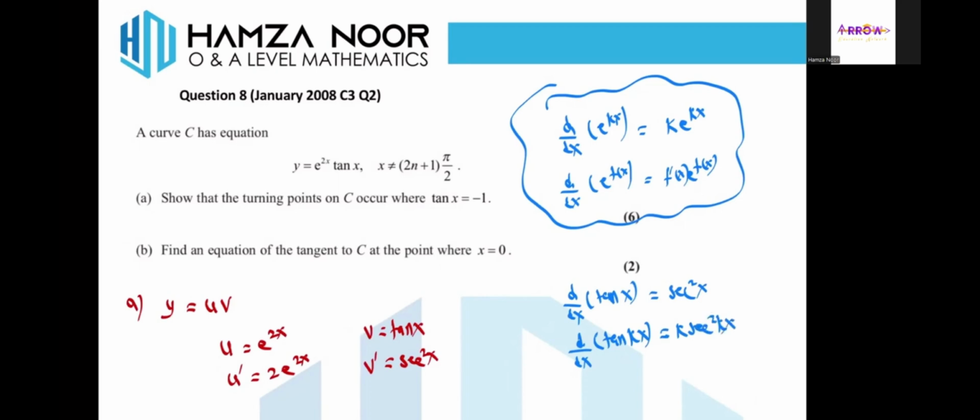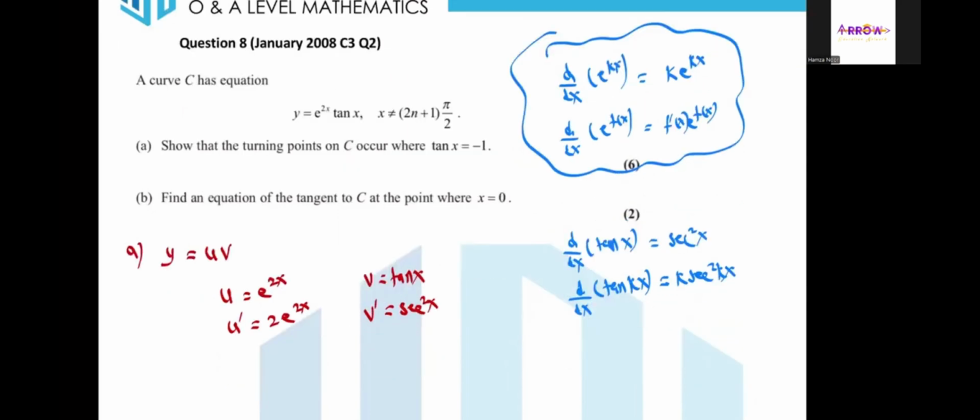This basic form is proved by the quotient rule, and it comes from the chain rule. Through this concept, we can also establish another chain rule form: when we differentiate tan f(x), we get f dash x multiplied by sec square f(x).